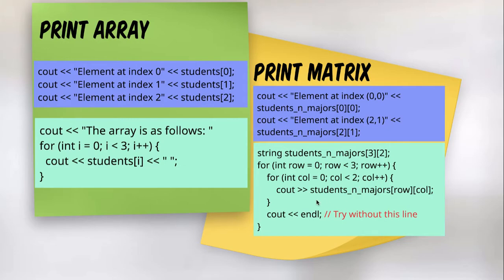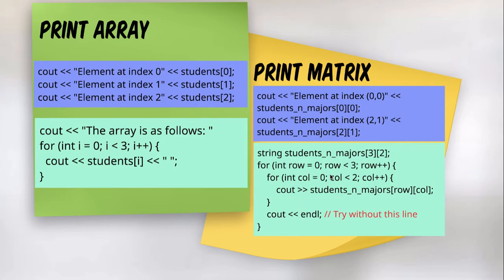Then it will break out of the inner loop and come to the outer loop. At that point of time, the value of row is just incremented by 1. So it will print the value at 1, 0. And in this way, it will keep on printing each element one after another.